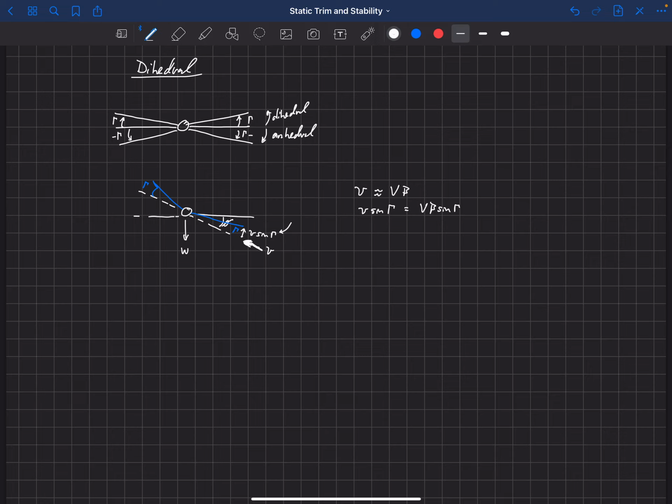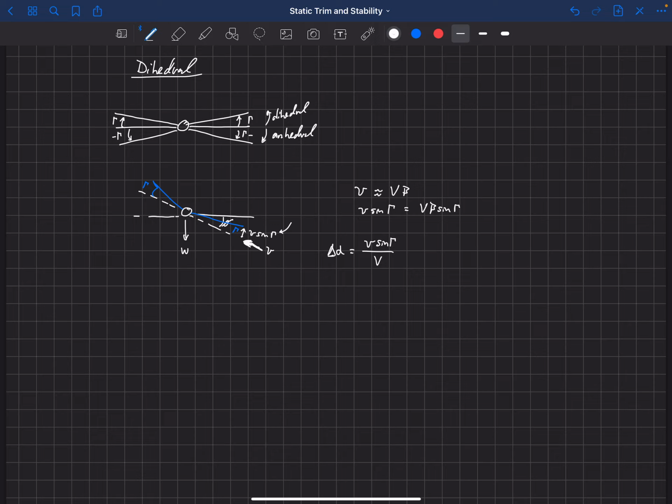Through the small angle approximation, we take that vertical velocity, which is v sine gamma, and divide it by capital V in order to get the change in angle of attack that the wing, or the local airfoil sections along that wing, are seeing.